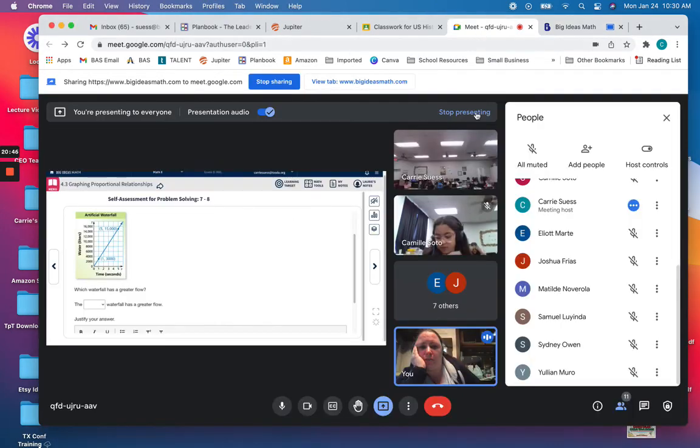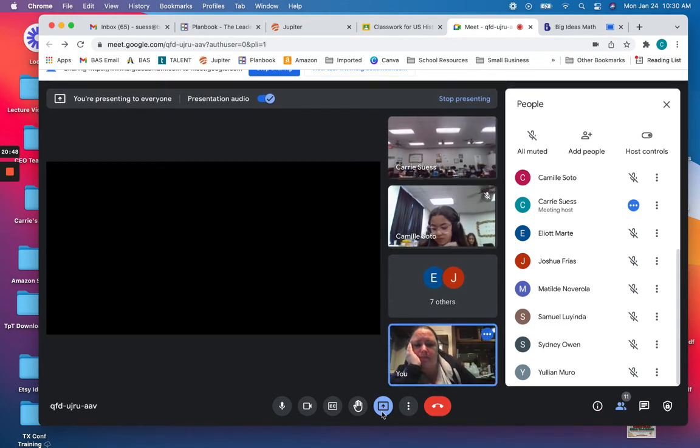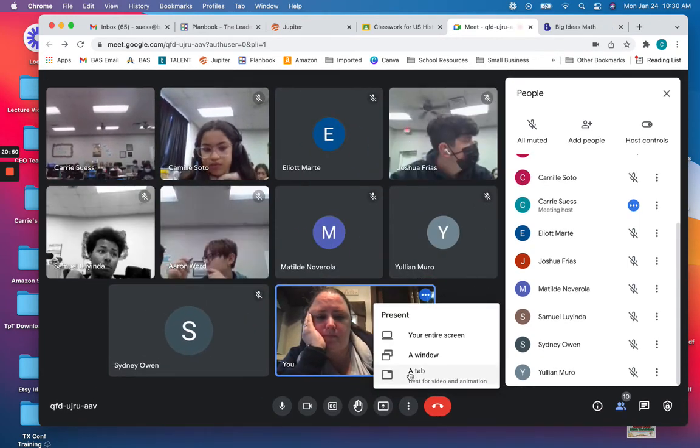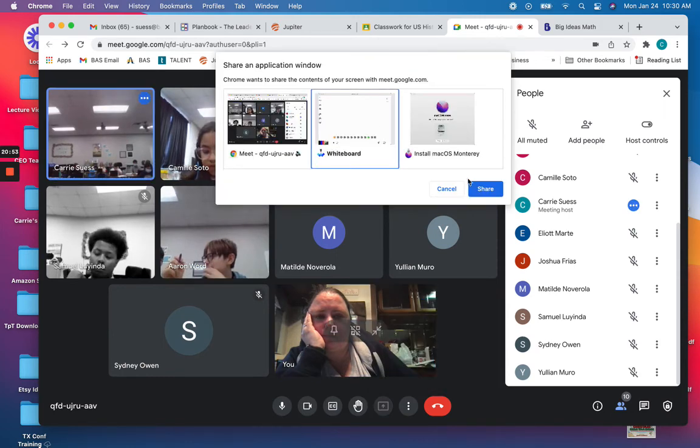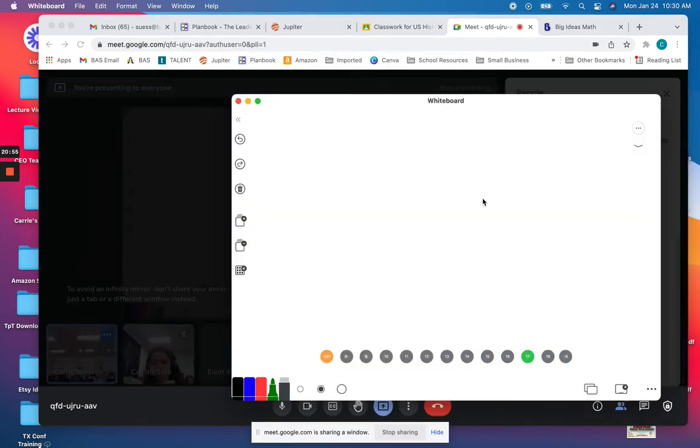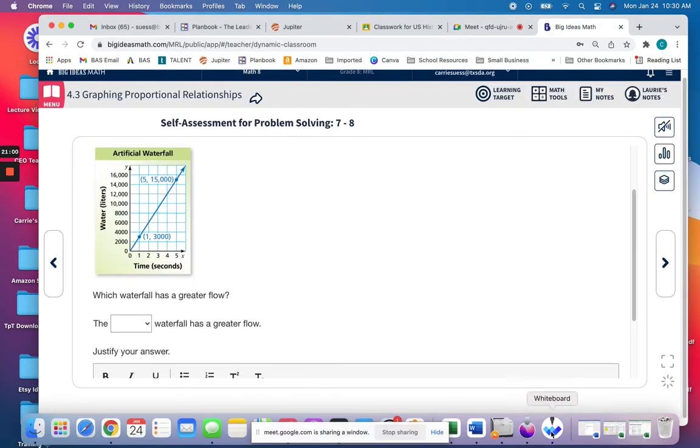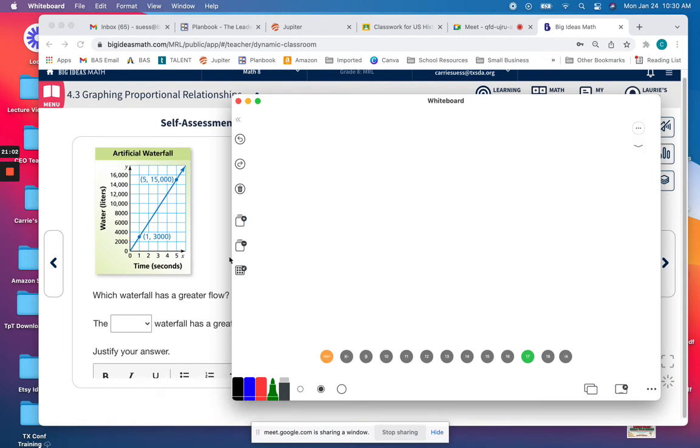Let me go share my whiteboard. Okay, can you see the whiteboard? Yes, ma'am. Okay, so you have 2 points on this graph, right? We have (1, 3,000), and then our other point is at 5, what? 15,000.